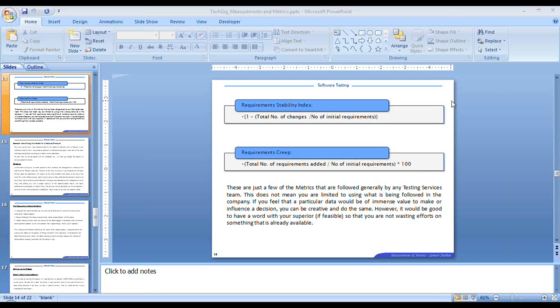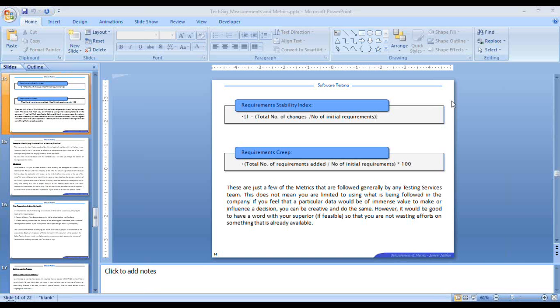See, the requirement stability handles the changes in your requirements. Say, for example, you had about 35 business requirements defined. Out of those 35, you are in your process of testing, and halfway through you see that for about 10 of them the requirement has changed. Analyzing that is what your requirement stability index does.